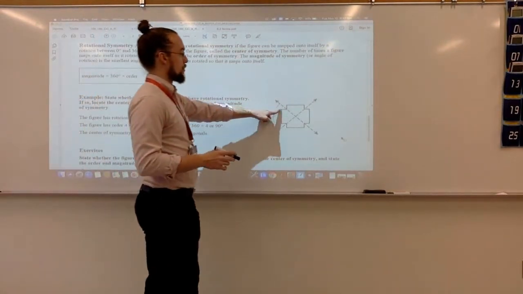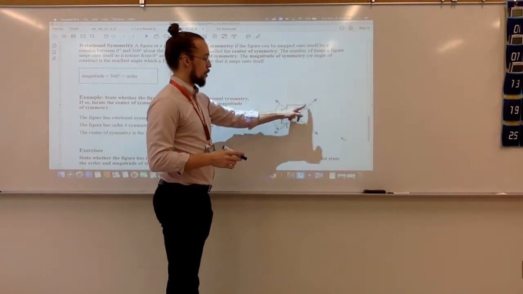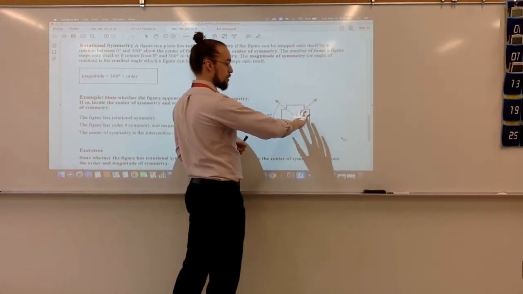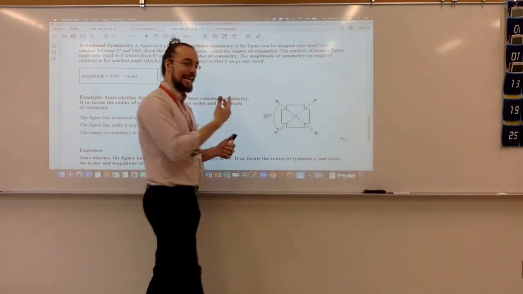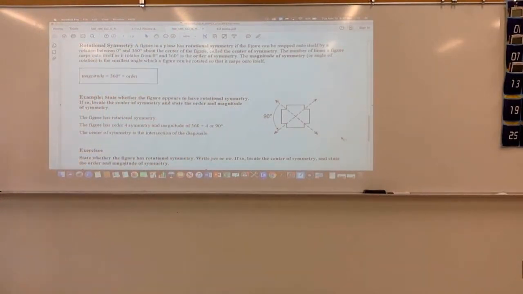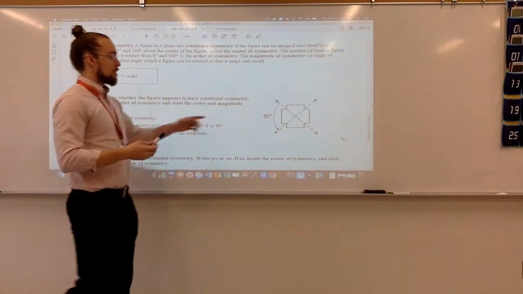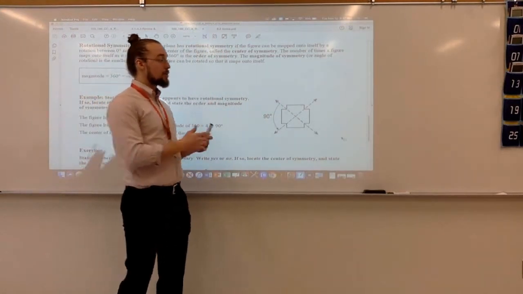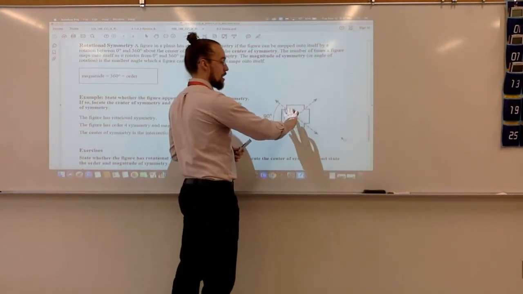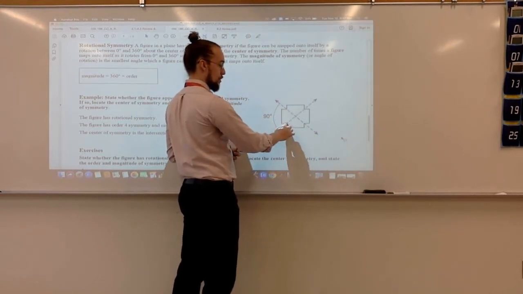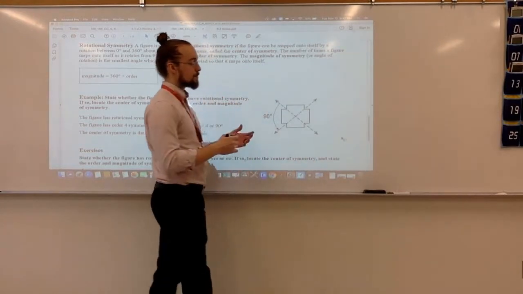If I take a look at this figure here, it's like a square with the corners cut out of it. We want to think about, if I put my finger right in the middle and rotate it, can I make it look exactly the same as what we started with before I turn it all the way around? So in this example, yes, I can make it look the same if I turn, say, this corner over to here, or this corner up to here.